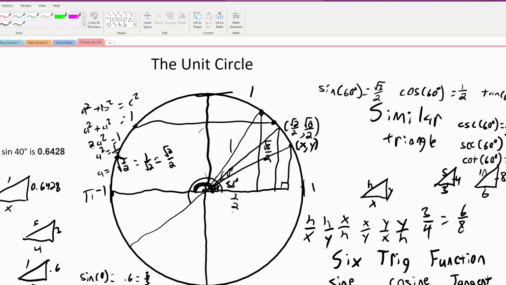And this comes from the fact that when we're doing the Pythagorean theorem to find that missing side, we have to take the square root. a squared plus b squared equals c squared, but we know the c squared is 1. So when we take that square root, it's going to be plus or minus the square root. So it could be the positive or negative version of this.